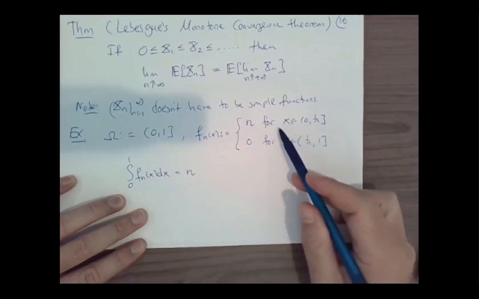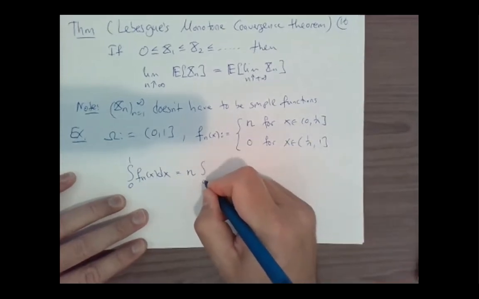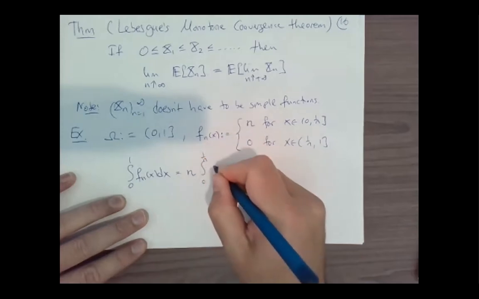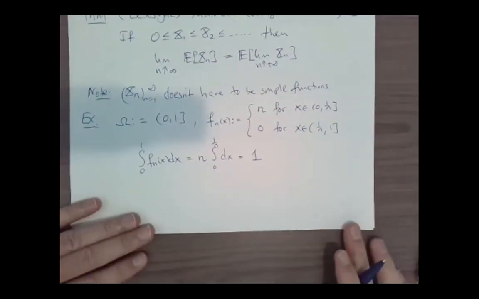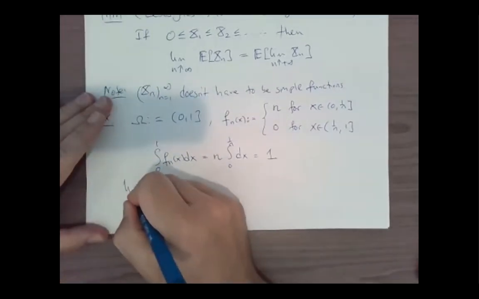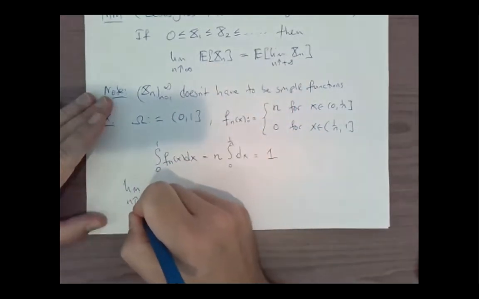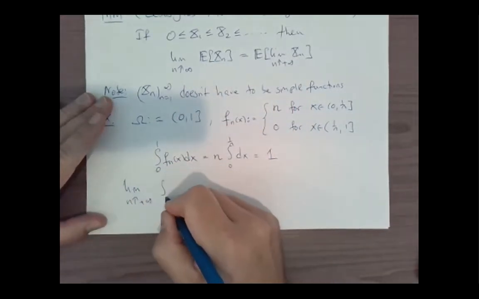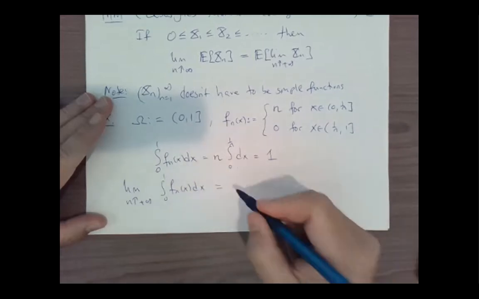So this is the integral from 0 to 1 over n of n dx, and this is equal to 1. So undoubtedly, if I compute the limit as n goes to infinity of these integrals, I'll get 1.